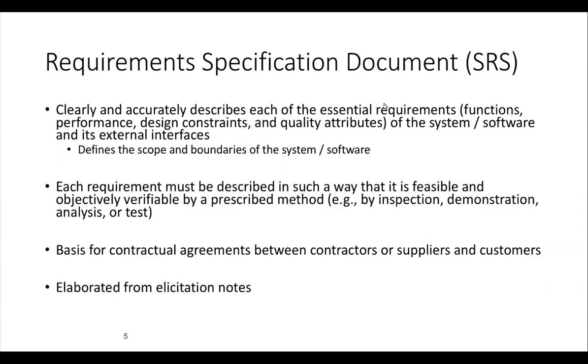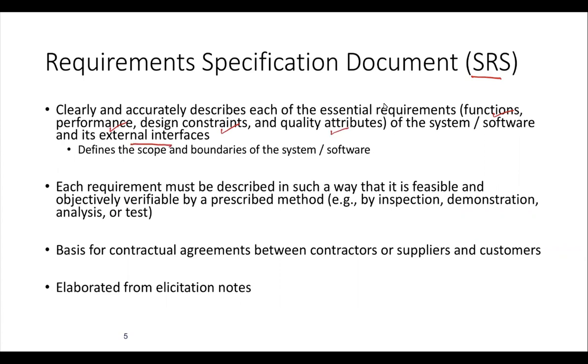What is an SRS document? The SRS document helps in accurately describing each of the essential requirements, whether they are functional requirements, performance requirements, design constraints, quality attributes of the system, and even the software and the external interfaces.